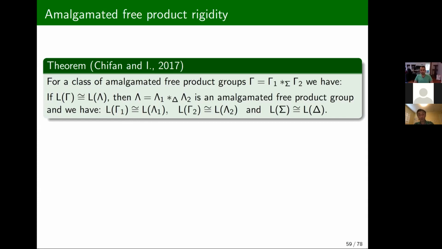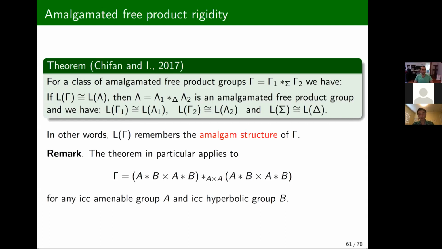Okay, so in other words, you can say here that L of gamma remembers that the group gamma was an amalgamated free product group. All right, so I'm not stating this theorem precisely for a reason, because obviously this won't hold for all amalgamated free products. You have to take very special ones. But let me mention one class of groups to which it applies.